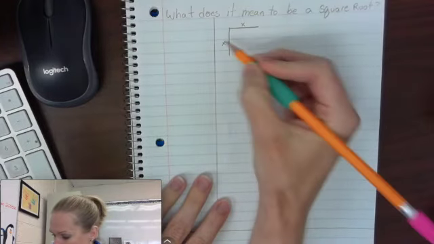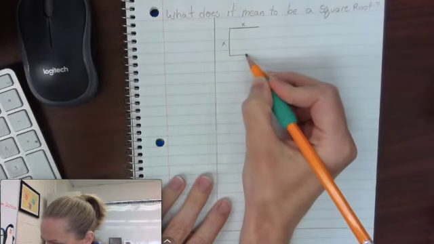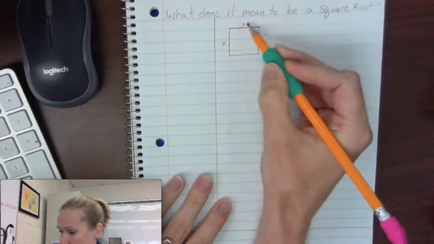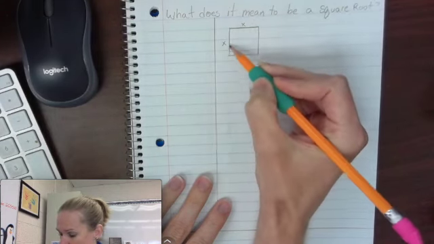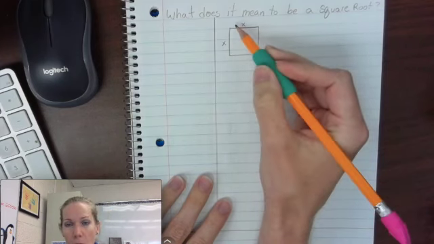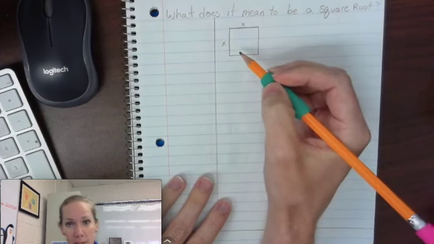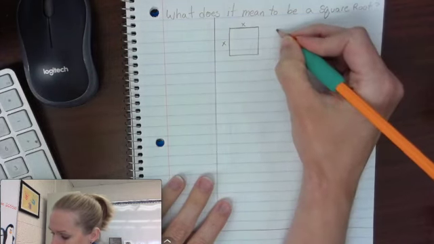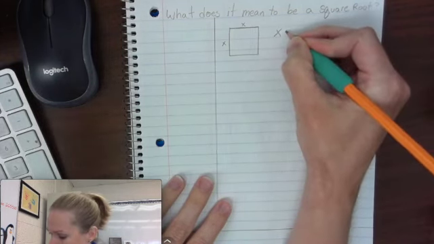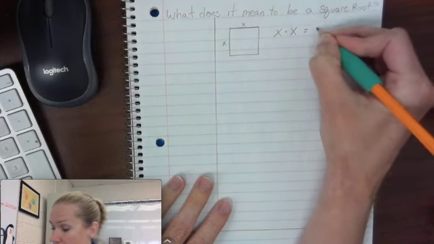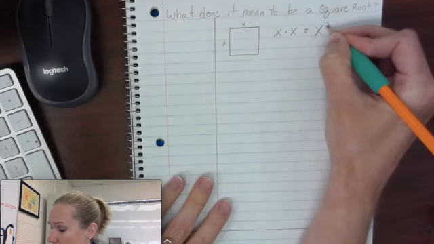So this square, I can go ahead and complete this. The length and the width are x long. So the area of this square is x times x, and we write that as x squared.